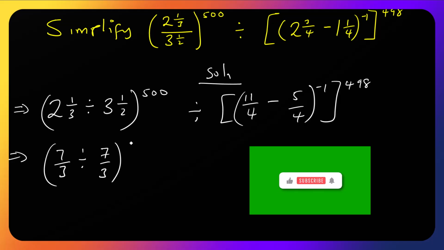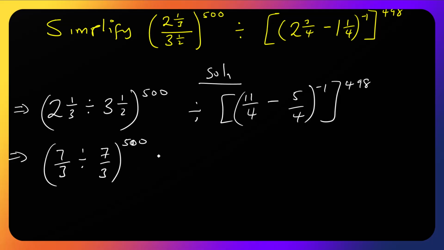So we have 500. Okay. All right. So this side is 2, not 3. Okay. So divided by. Now we can change this one.